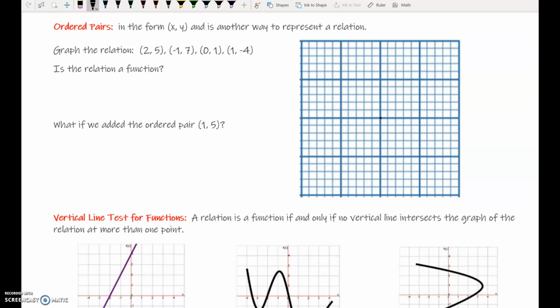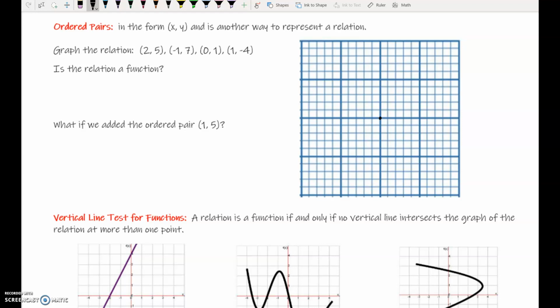If we want to move that origin somewhere else, if we want it to look more like this, we have to draw the axes in. So let's just make an agreement that if no axes are drawn, that middle point is 0, 0. Is that a good assumption? That way we don't have to draw the axes every time, because I don't know about you, but I'm not good at drawing straight lines every time. So that point right there in the middle is 0, 0.